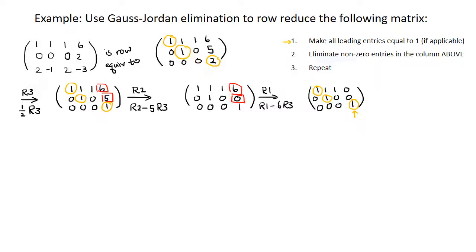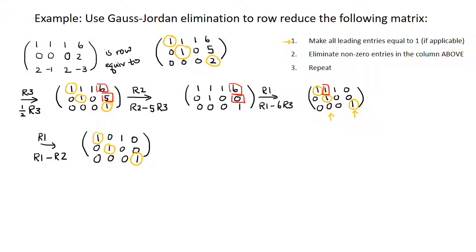Moving on to row 2. If we look at its leading entry, it is 1, and above it we have a 1. So we are going to eliminate this 1 by replacing row 1 with row 1 minus row 2.